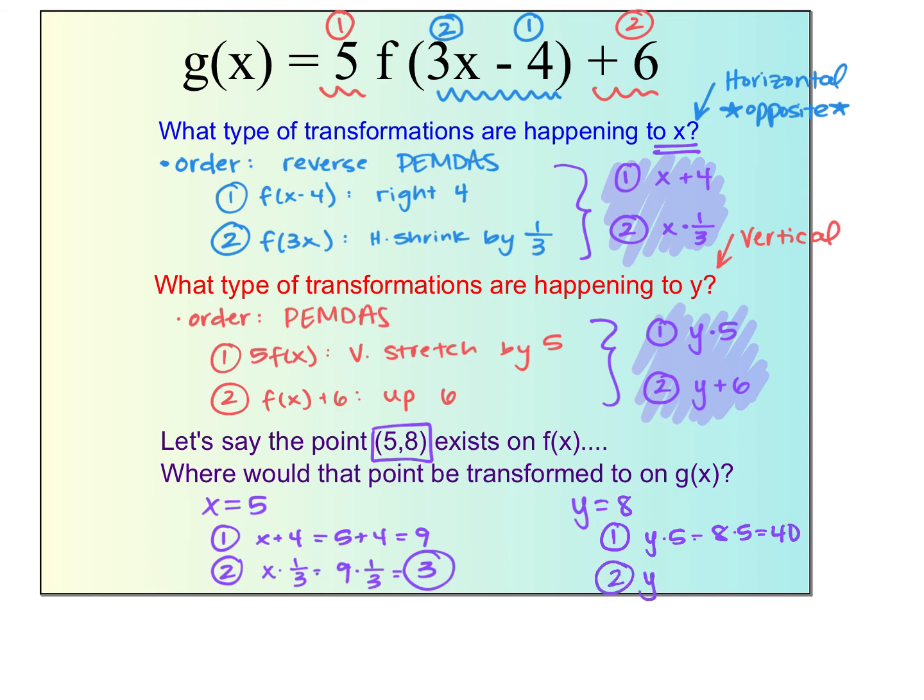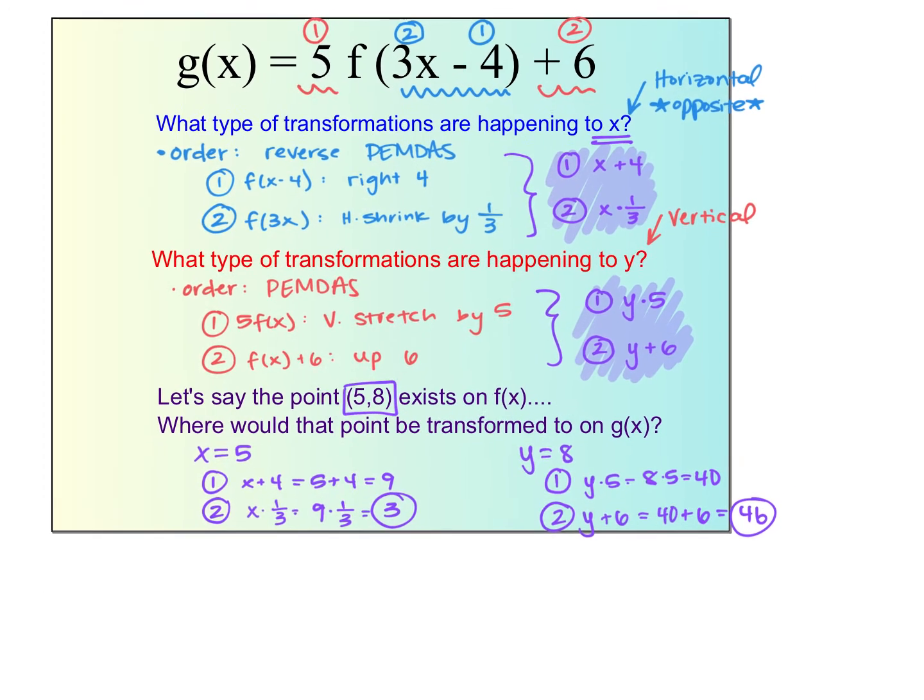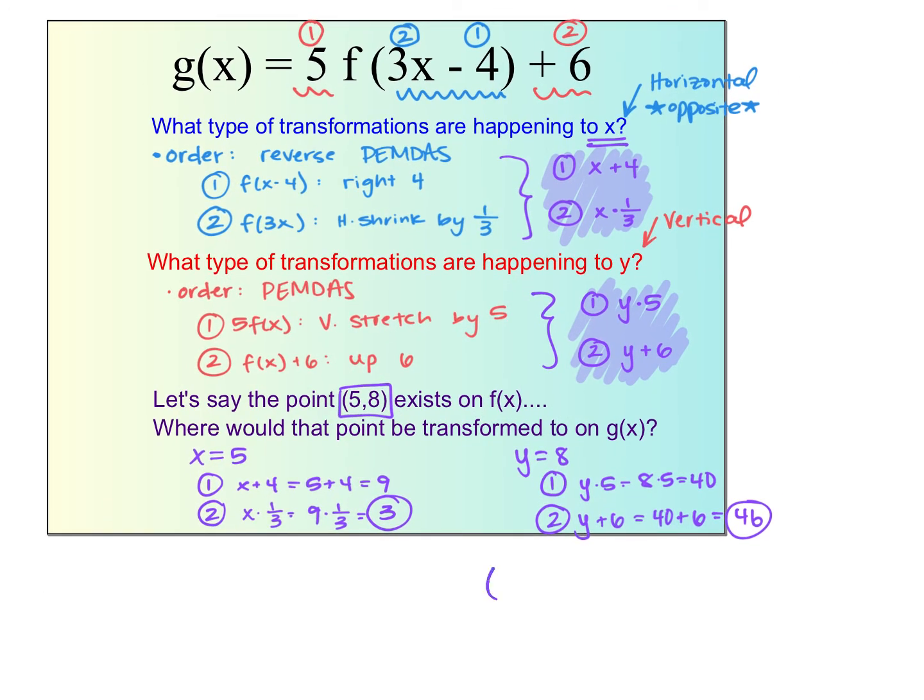My second transformation was to move it up 6, so my final y coordinate is going to be that 40 plus 6, or 46. So the new point that used to be located at (5, 8) is now located at (3, 46). All right, this is the point on g of x that would map out to my original point on f of x of (5, 8).